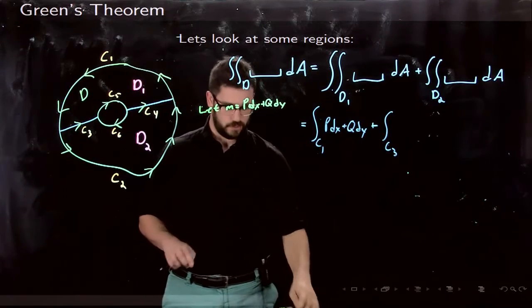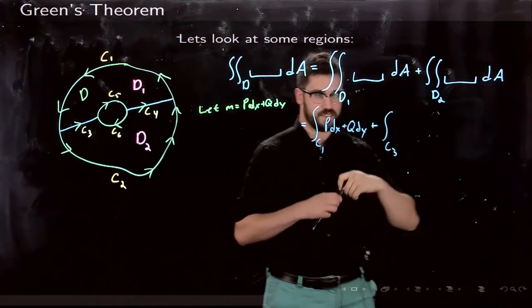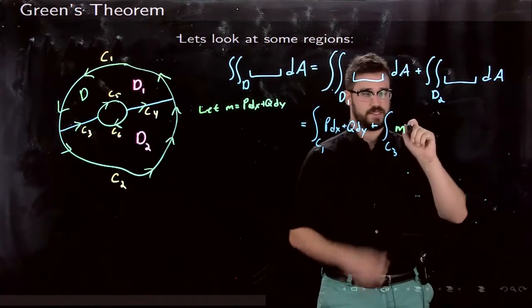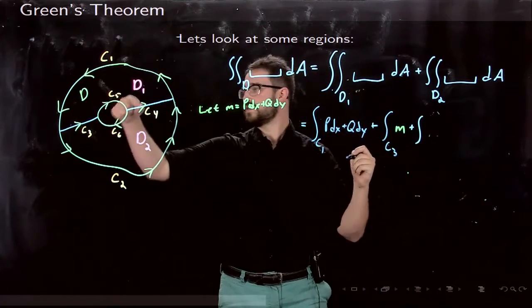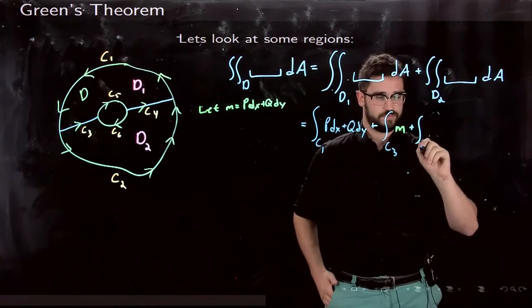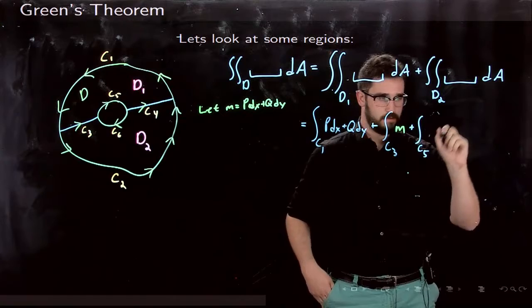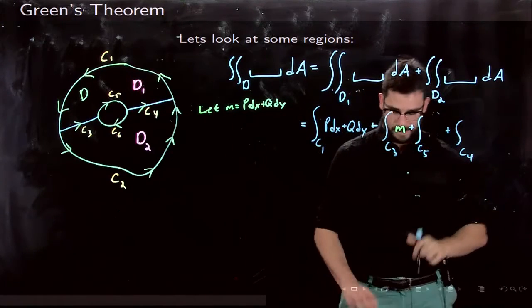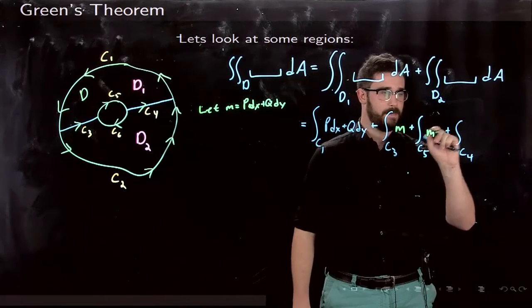Mathematicians are lazy, so I don't like writing all those things. M plus C5 plus C4. And we got our M's here.